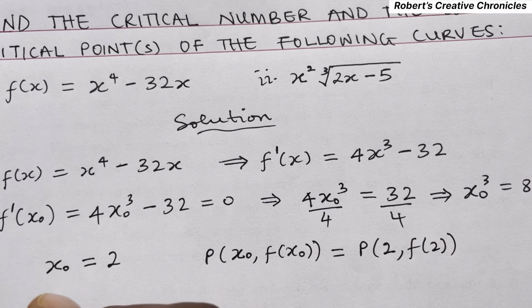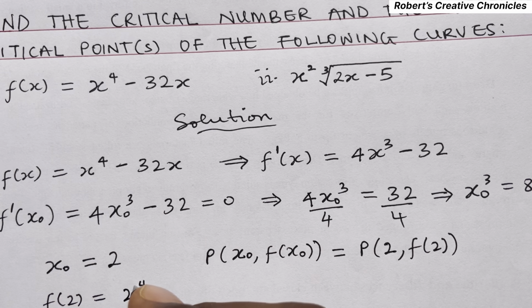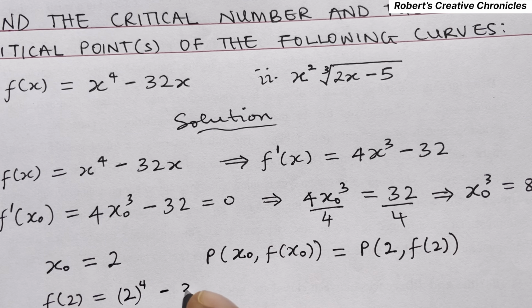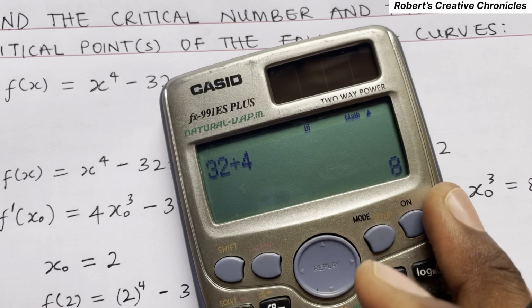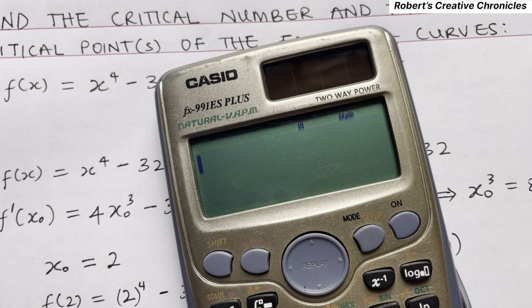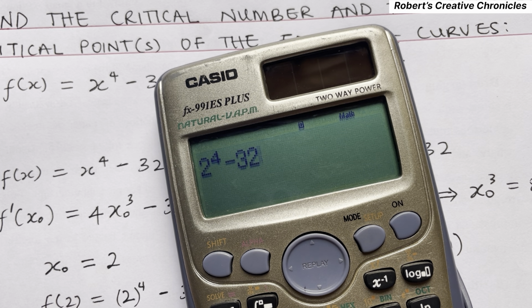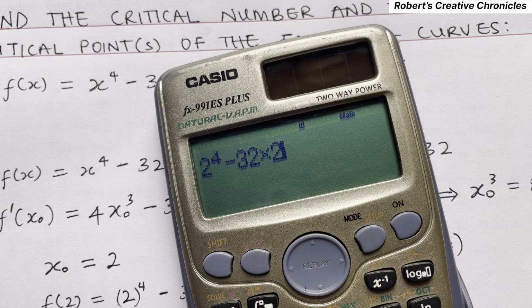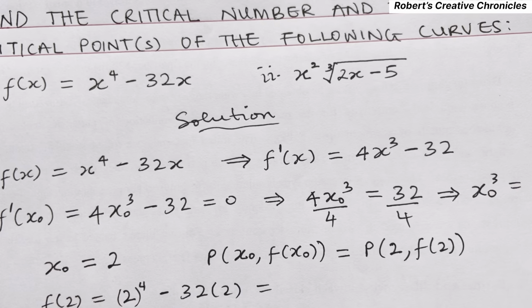If you substitute 2 here, this becomes 2 raised to the power of 4 minus 32 times 2. This becomes negative 48.